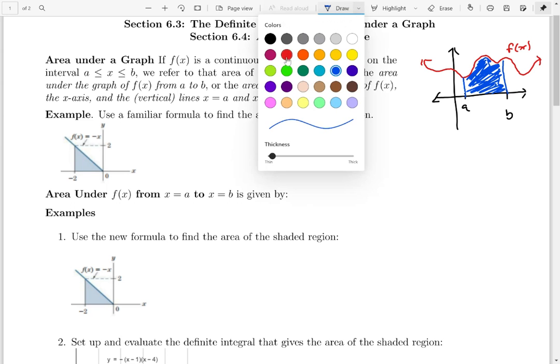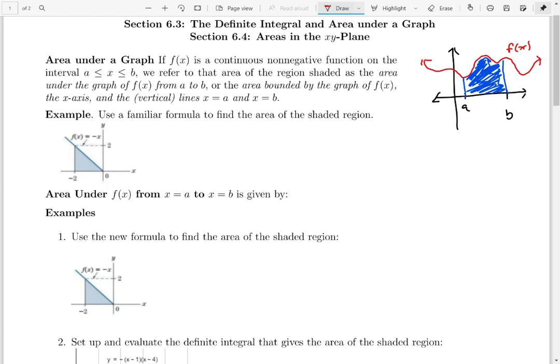And so let's start with something we should know how to do, and that's say that we want to find the area, this blue area of this shaded triangle. Okay, so recognize that this is a triangle between -2 and 0, and these are vertical lines, so this is a right angle. And then all I need to do is remember the area of a triangle, which is 1/2 the base times the height.